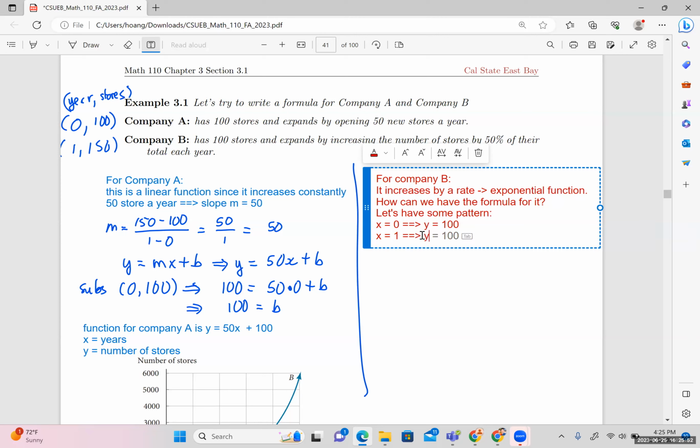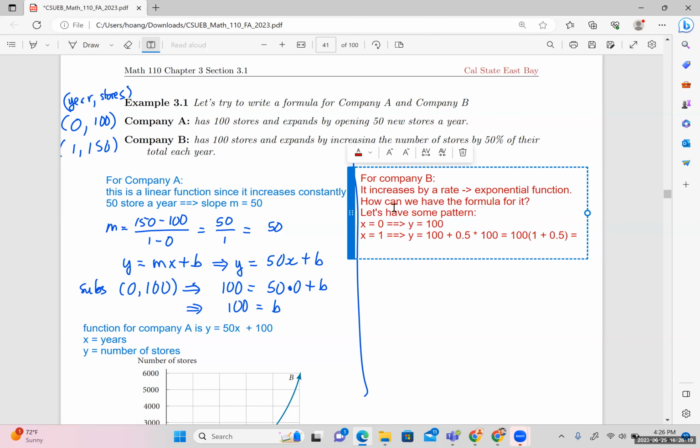Then we have y equal to 100 plus 0.5, that's 50%, right, times 100. Okay, let me factor it. I have 100 times 1 plus 0.5. Right, and I will get something. Let me make this 2 here. And we get 150.